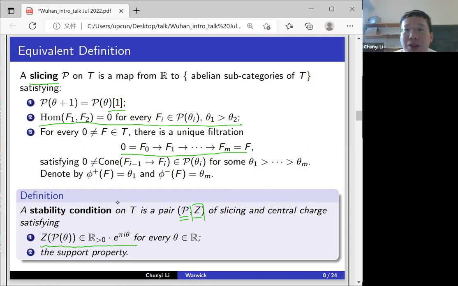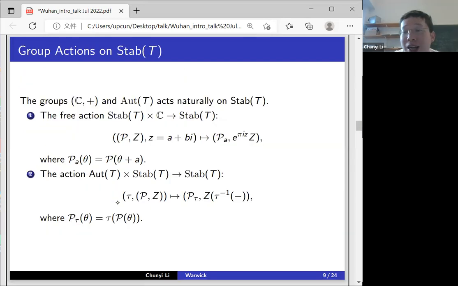The reason we have to go to this equivalent or original definition is that only in that way can we clearly define two important group actions on the whole set of stability conditions.